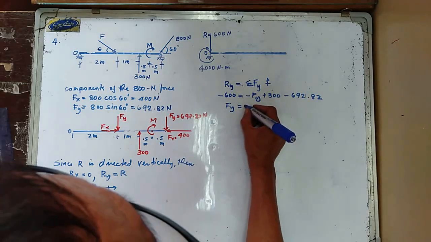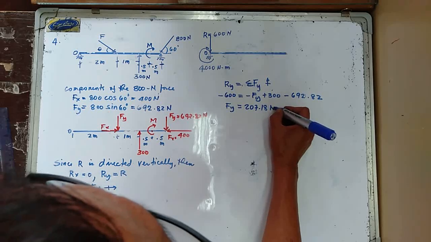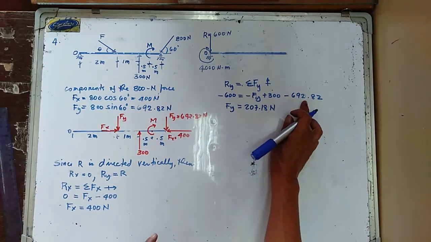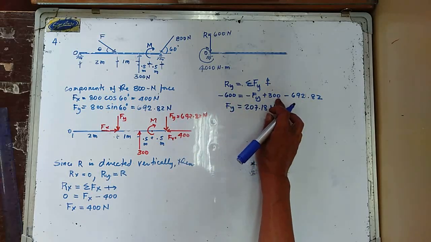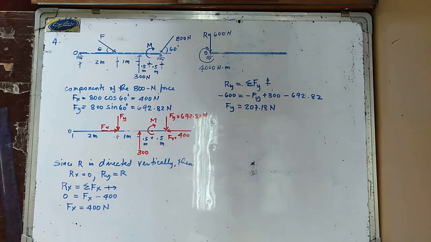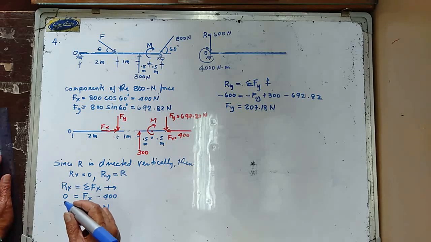Transposing this to the other side of the equation, your Fy is 207.18 newtons.